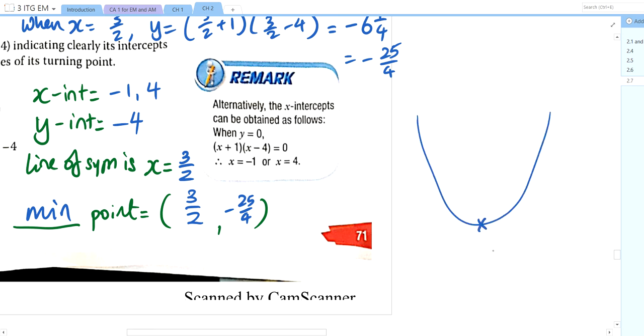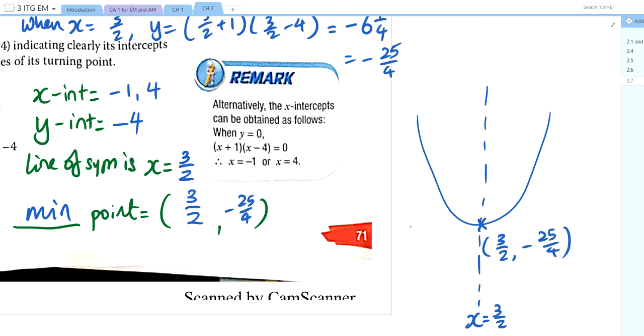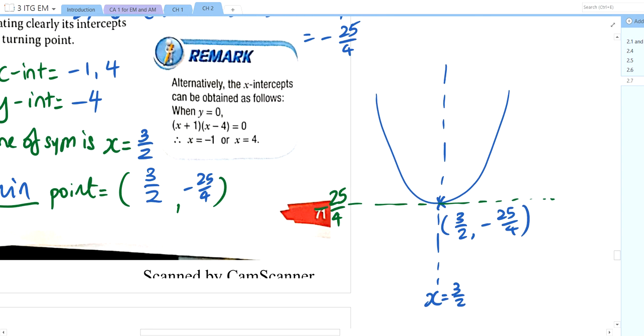So minimum point of 3 over 2 and negative 25 over 4, which we know is negative 6 and 1 quarter. So my line of symmetry, this being x equals 3 over 2. And if you like, you can draw in another helping line. This is negative 25 over 4. Okay, we are now ready to fill in our axis.